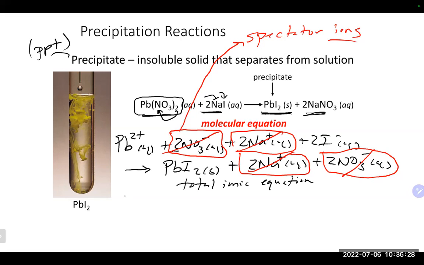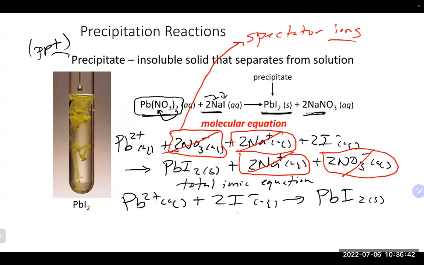In this case that would be our lead 2 coming together with our iodide to form this yellow solid, PbI2. And this is the net ionic equation.